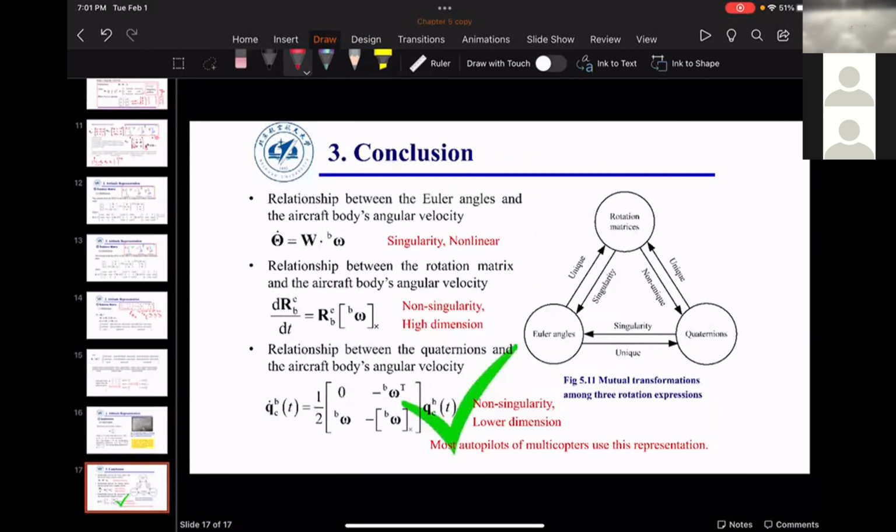So to conclude, in this chapter, we looked at three important representations. We looked at the representation using rotation matrices. We looked at the representation using Euler angles, and we looked at the representation using Quaternions.